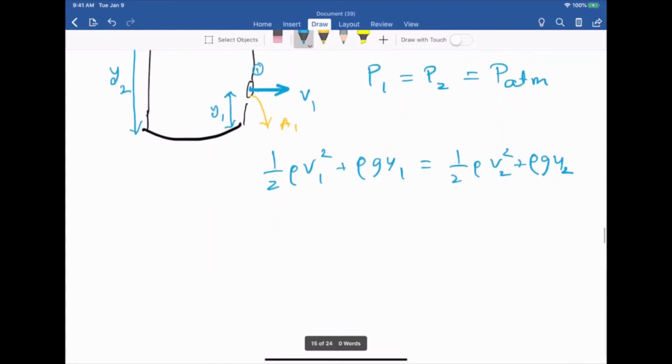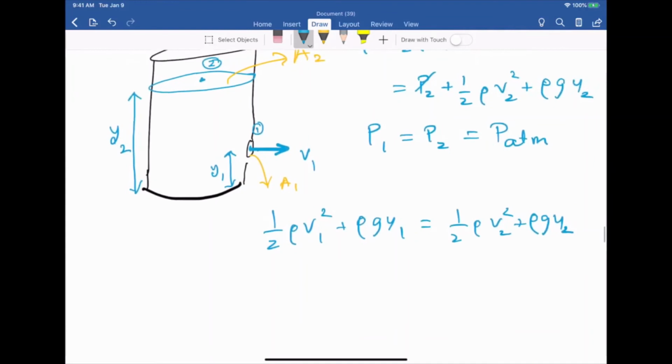The equation of continuity gives us A1 V1 is equal to A2 V2, and V2 is the velocity with which a particle of fluid is moving on the surface. Obviously that's going to be in the downward direction because the level of water is gradually going down, but at a very slow pace.